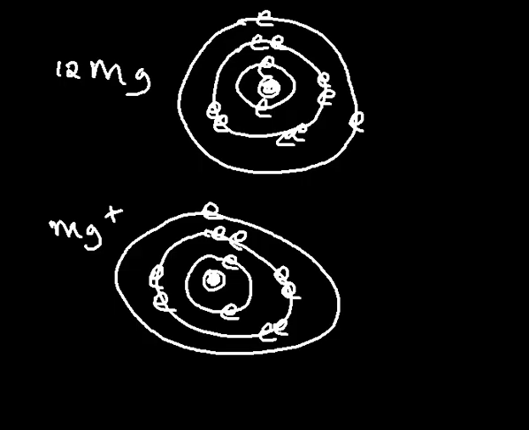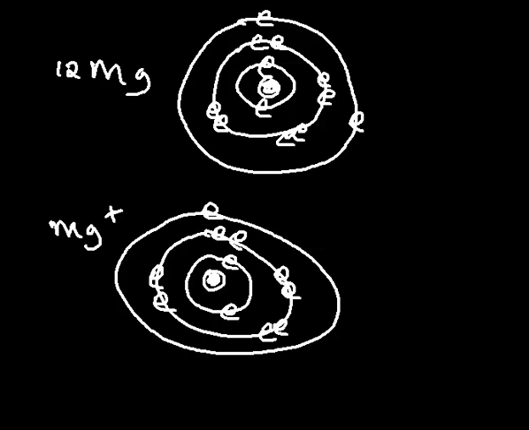Now you should understand that in the magnesium atom, the 2 electrons in the outermost shell are able to withstand the force of repulsion by the inner core electrons, and that keeps them from being squeezed much towards the center.